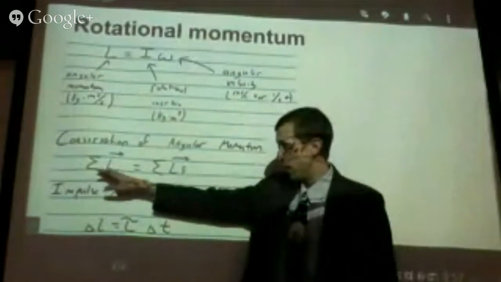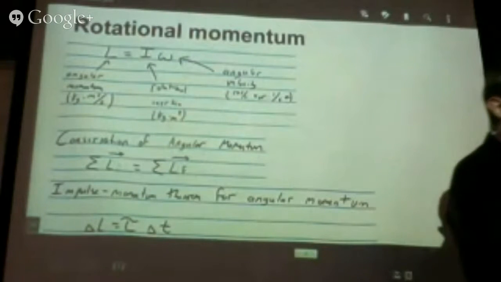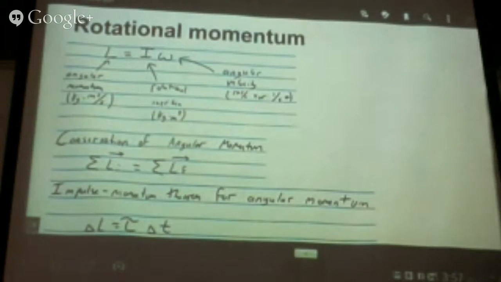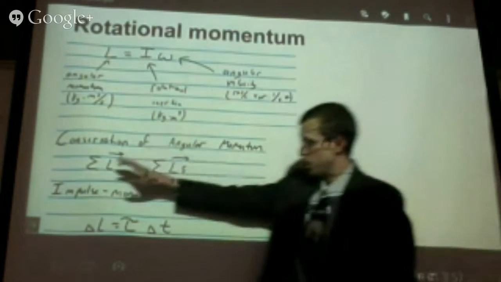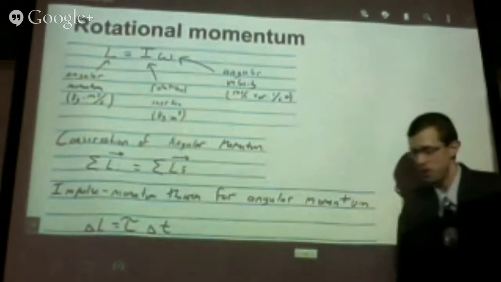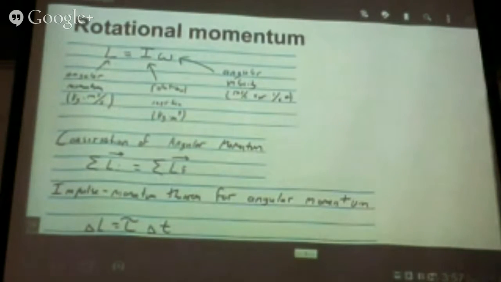Even though our mass or our moment of inertia, rotational inertia, or angular velocity, even though one of those quantities has changed, the momentum has to stay the same. So something else has to compensate for that. And that's it for rotational momentum, or rotational stuff in general. Questions there?